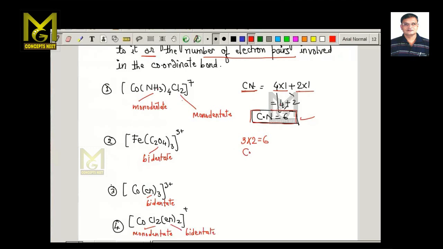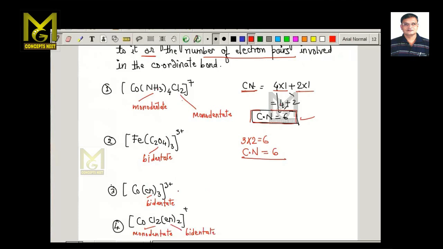The total coordination number in this complex is 6 because this is bidentate, so two donor atoms are involved. So 2 into 3 gives 6.